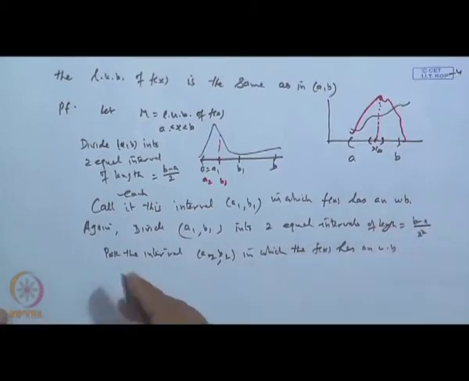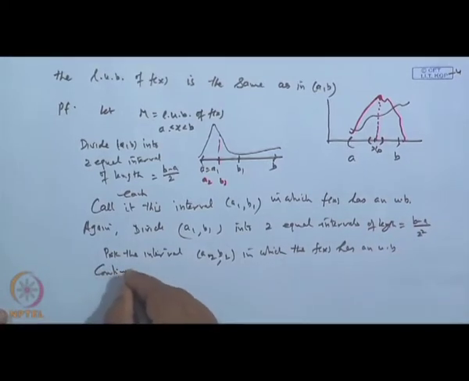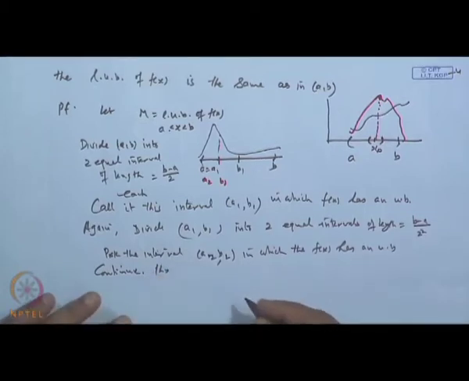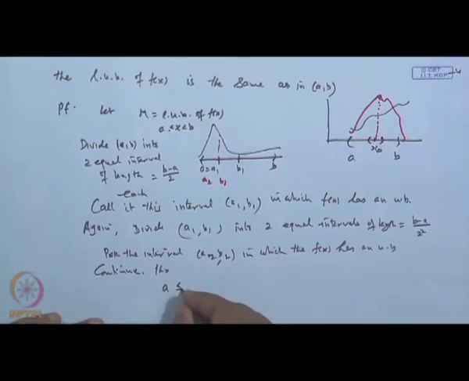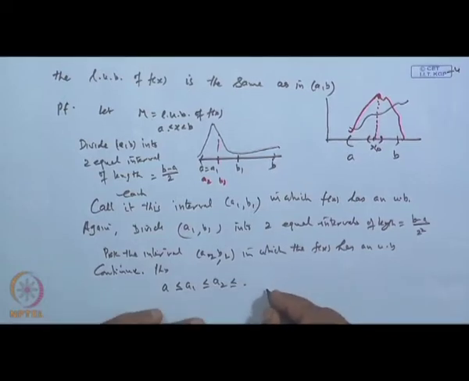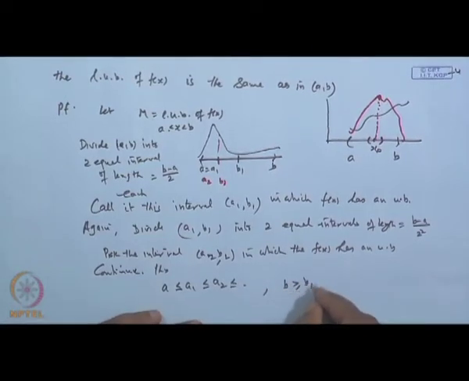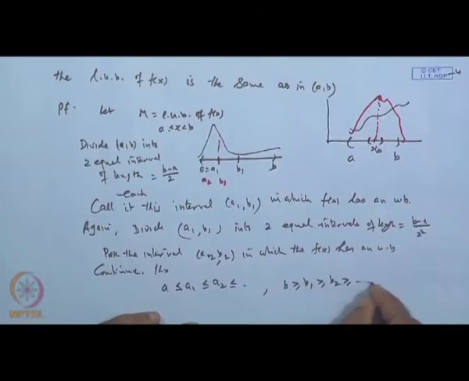If I continue this process, what happens? We get a sequence of points a1, a2, ..., an such that a is less than or equal to a1, less than or equal to a2 and so on, while b is greater than or equal to b1, greater than or equal to b2 and so on.